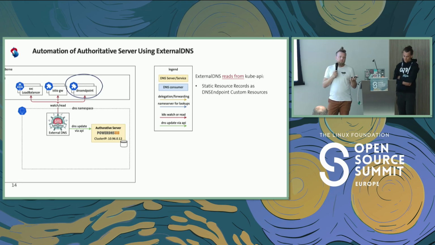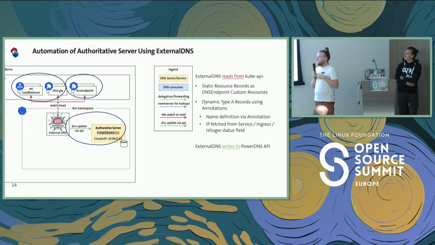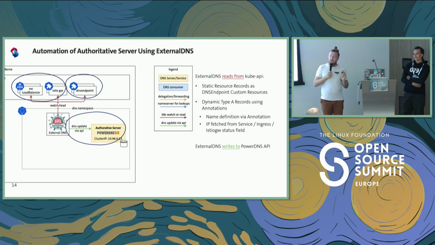These are basically YAML representations of DNS resource records. And we read dynamic A records from the Kube API. There it's important to know that the IP address is dynamically assigned by maybe the service load balancer, and ExternalDNS reads this dynamic IP from the Kube API. Then ExternalDNS will update the DNS backend, which in this case is PowerDNS. It bulk writes to the PowerDNS API. So that's how ExternalDNS works on a very high level.